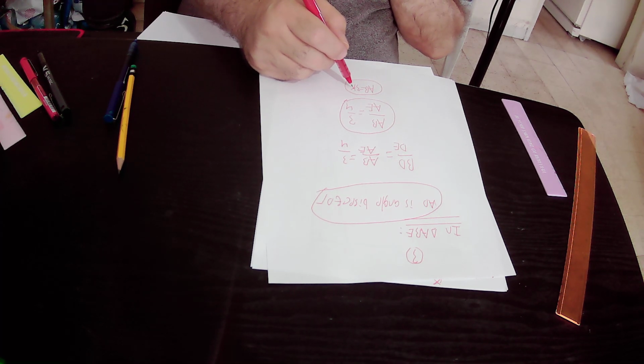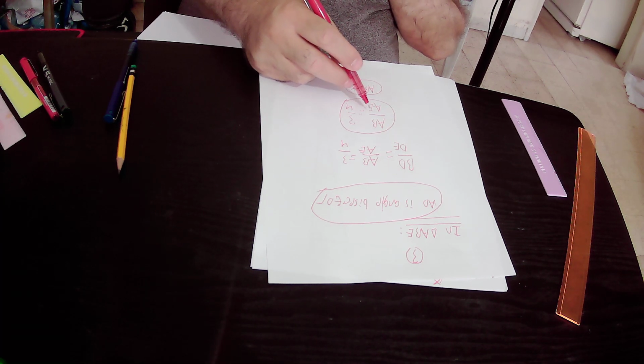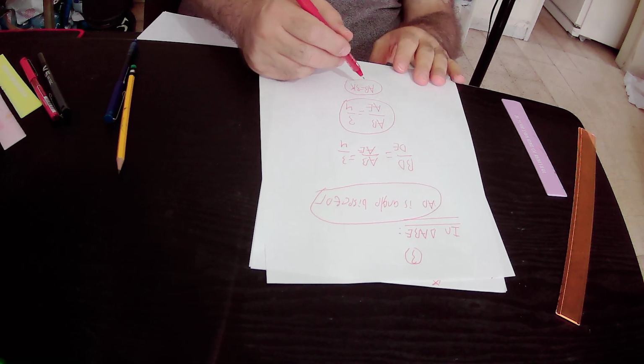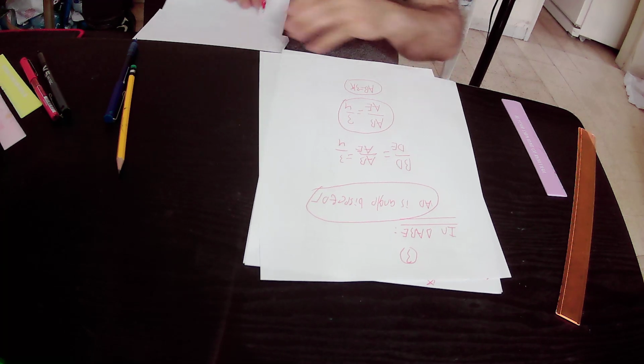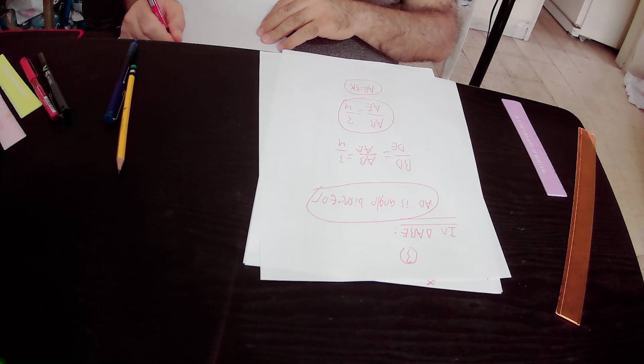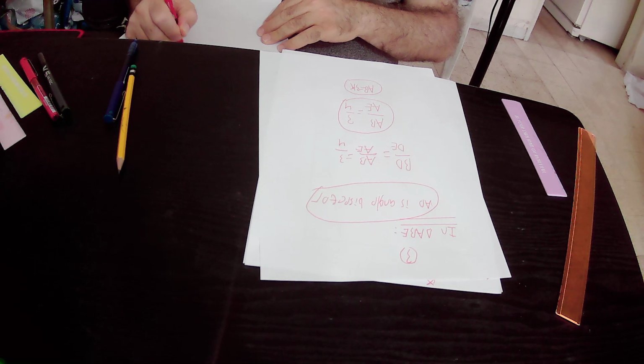So we place the value 3K in variable AB, because AB equals 3K, and we get that 3K over AE equals 3 over 4.